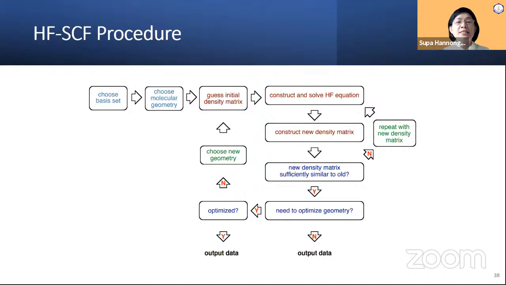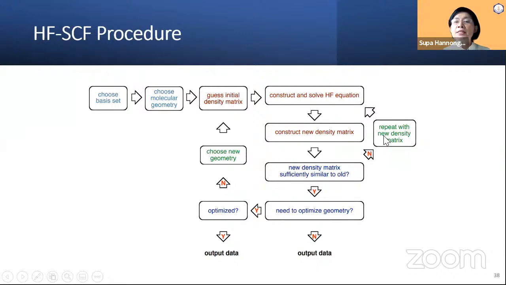And the procedure of Hartree-Fock and SCF, as I said, is very easy to understand. Choose the basis set, choose the molecular geometry, guess the initial density matrix, construct and solve the Hartree-Fock equation, construct the new density matrix, and check whether the new density matrix is sufficiently similar to the old one.